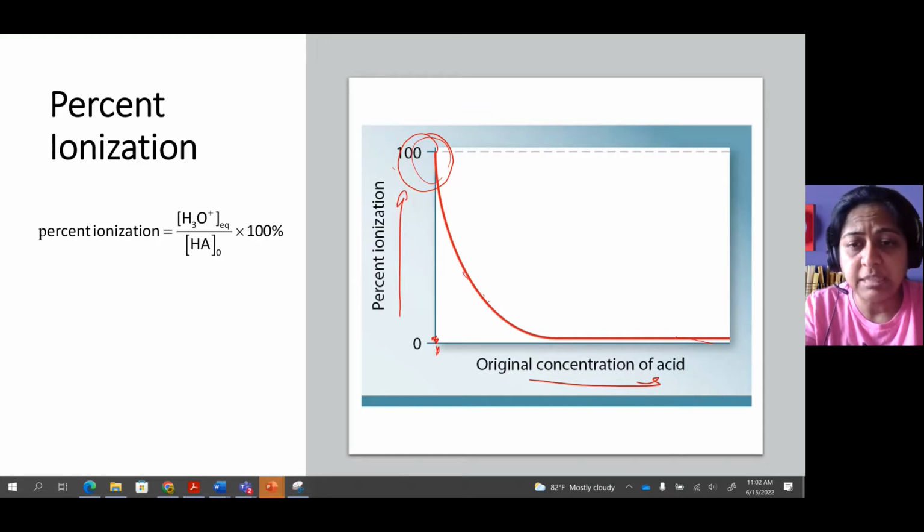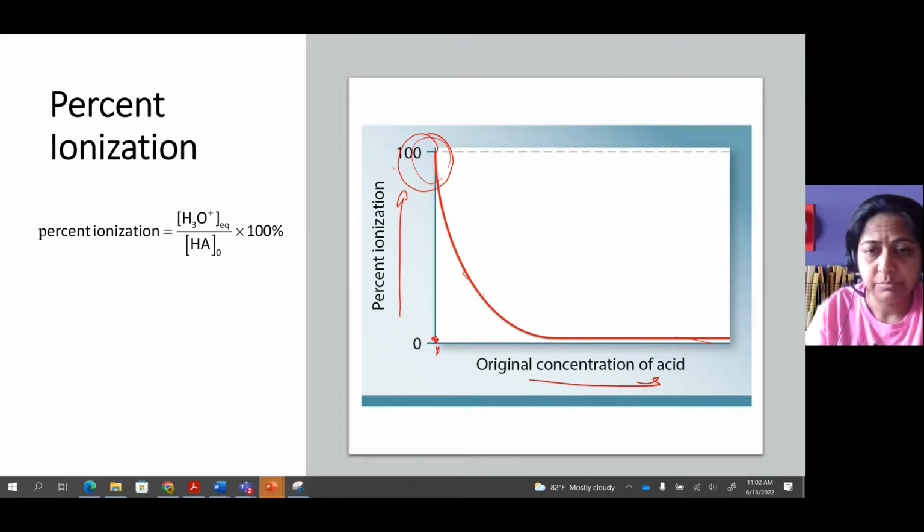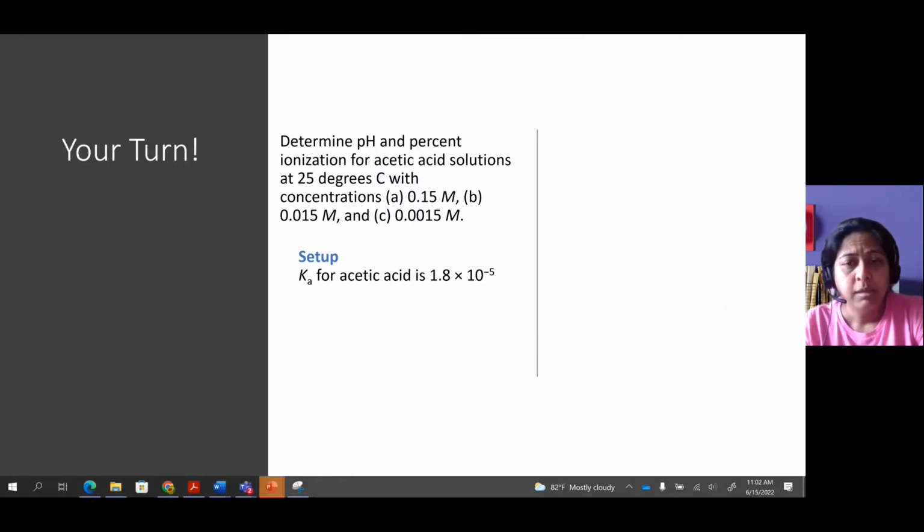When the ionization is reducing, it means the concentration is going to decrease. Now the percent ionization and the concentration of the acid are going to be mathematically explained using this question.